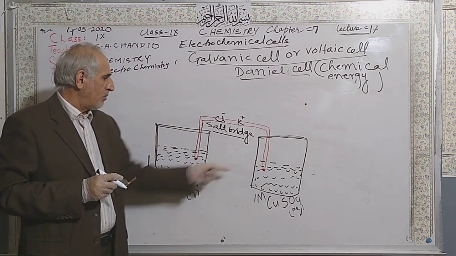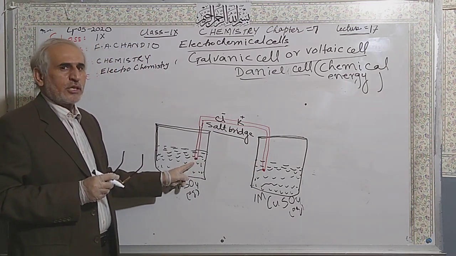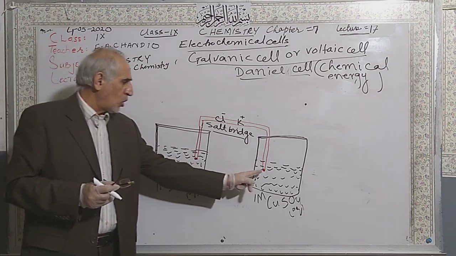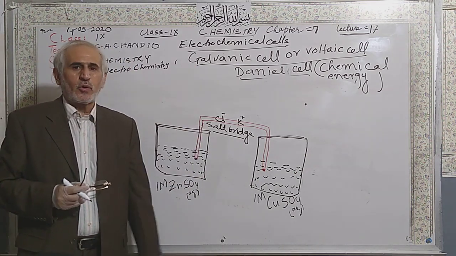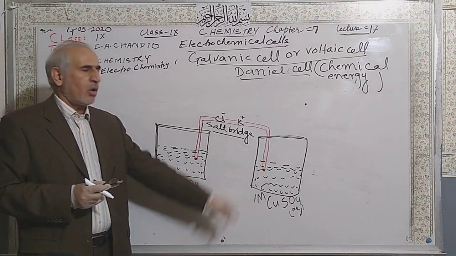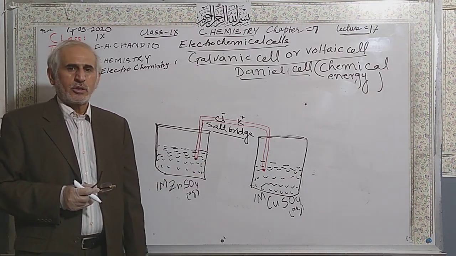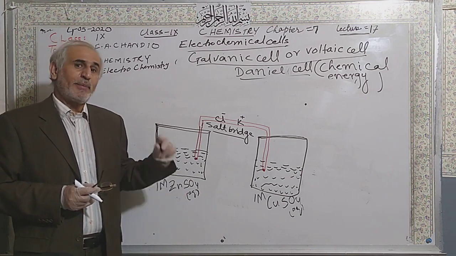This is a glass tube, and you have to close these two ends by using cotton, so that the solution does not flow out. There should be no interaction between these two solutions. They should not intermix.